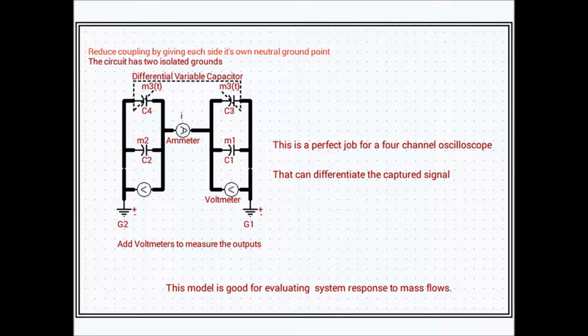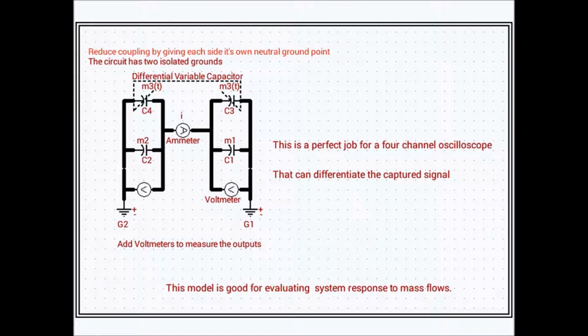So remember how the differential variable capacitor works. When you rotate the shaft, this capacitance will go from perhaps 0 to its maximum value, and in parallel to this capacitance, they add to a single capacitance.